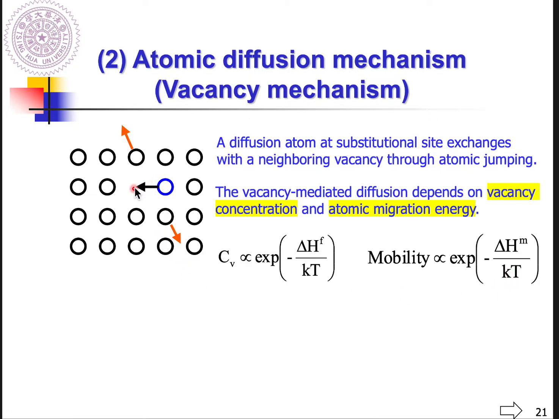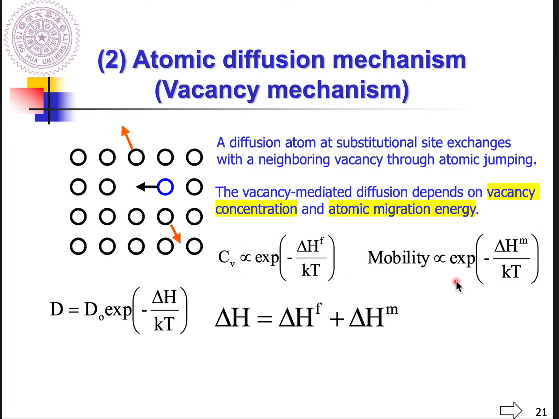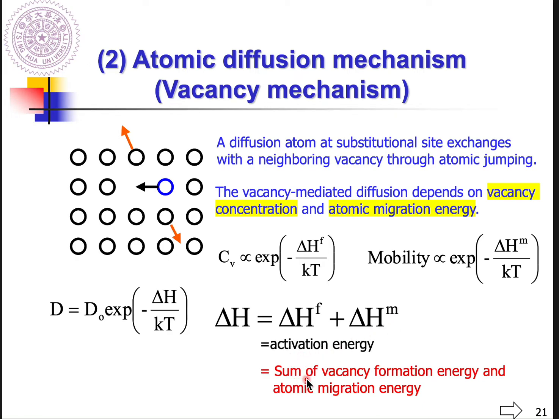So this vacancy-mediated mechanism only happens when there's a vacancy nearby, and then the atom can overcome the energy barrier. You need to satisfy these two events, so you multiply this one with this one. You will get the diffusivity proportional to an exponential term, and within this exponential term, this delta H includes the vacancy formation energy and the atomic migration energy. So this is the sum of vacancy formation energy and atomic migration energy.